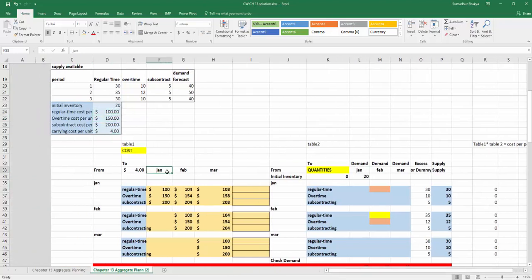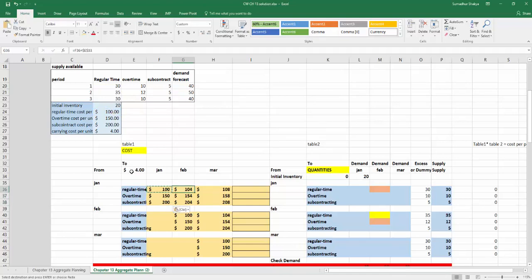Now I've only given this as January, February, March instead of period 1, period 2, period 3. It'll be the same, just for the sake of explaining it to you guys. Okay, so 100, 150, and 200. This is all coming from the information that is given to us.